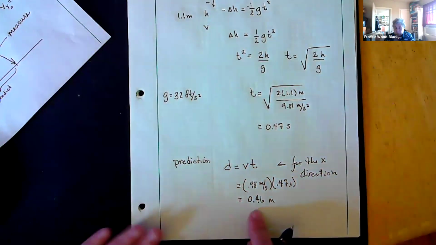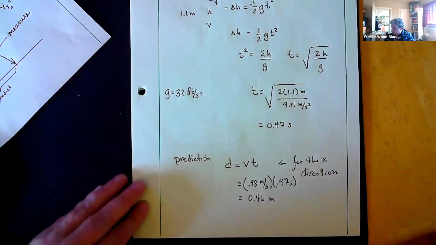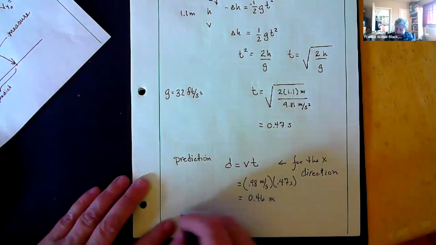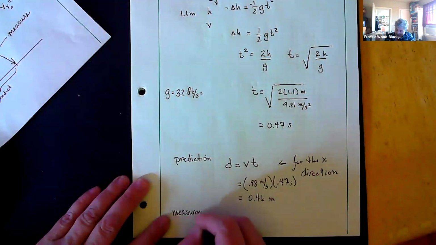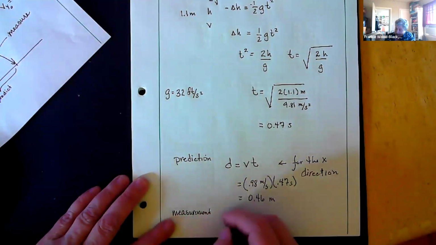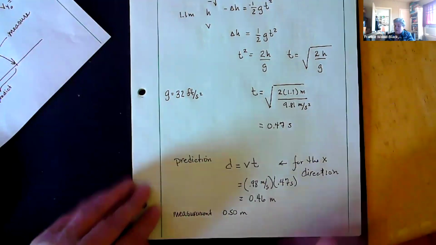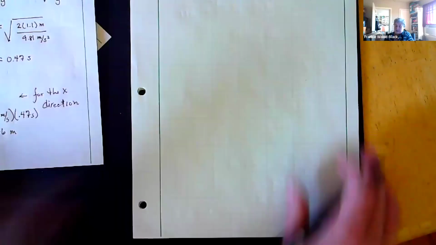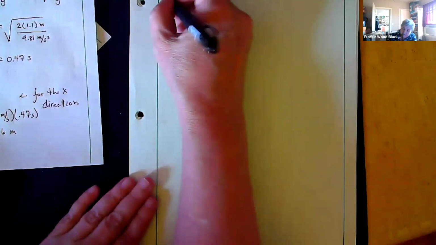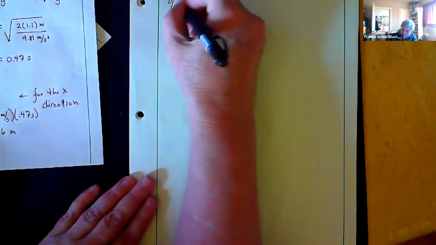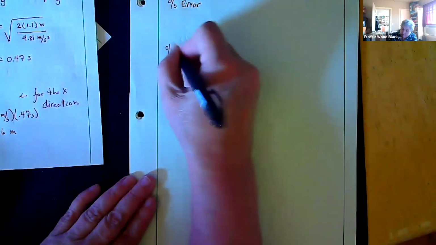So let's say I do it, and I measure it, and on my measurement, it turns out that it was 0.50 meters. Well, that's not too bad. We can do a percent error, or we can do a percent difference.